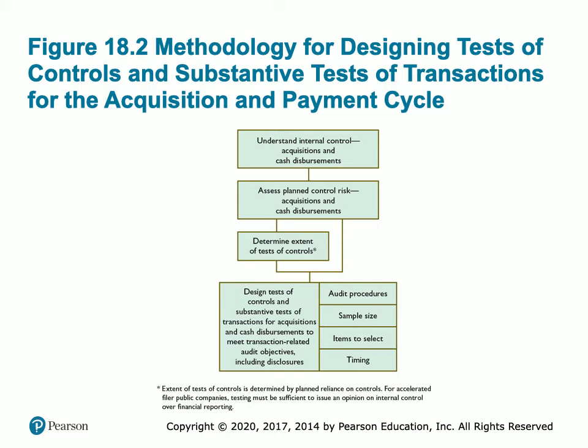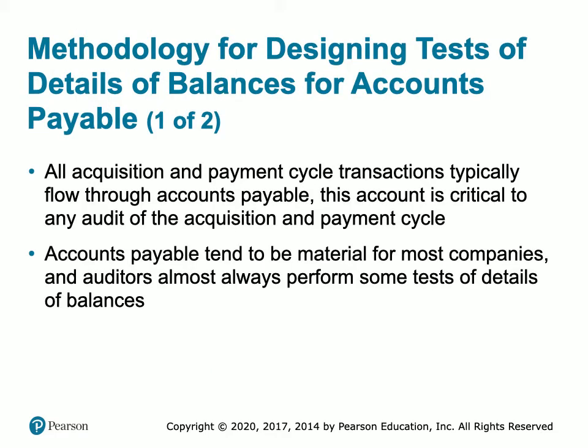We're testing controls, and then we're defining our substantive audit procedures, getting a sample size, getting sample items to select, and selecting them, right? So both controls and substantive tests of details incorporate the same set of flow, right?